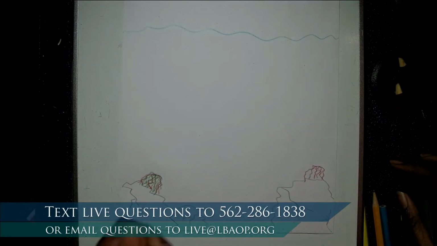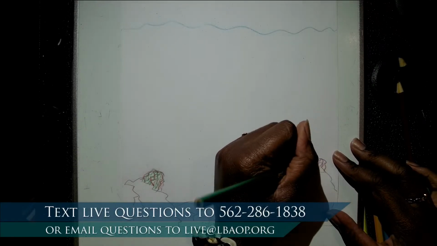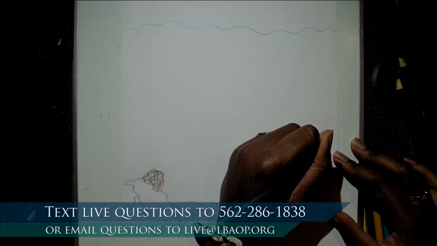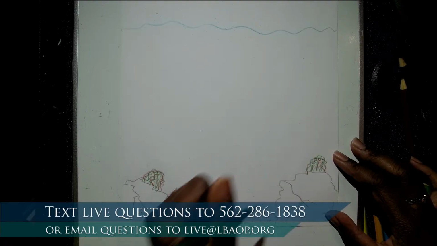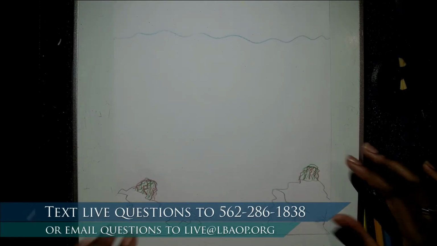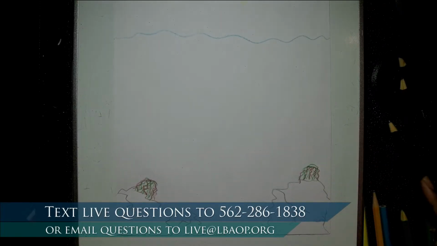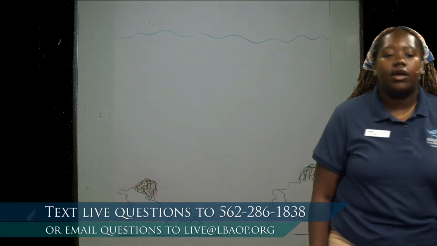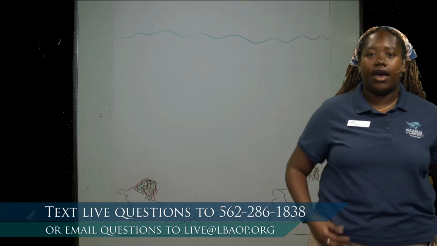And I'll go in with my green color pencil and add some more. I would say this is sort of like an upside down U shape that I did the holdfast in.